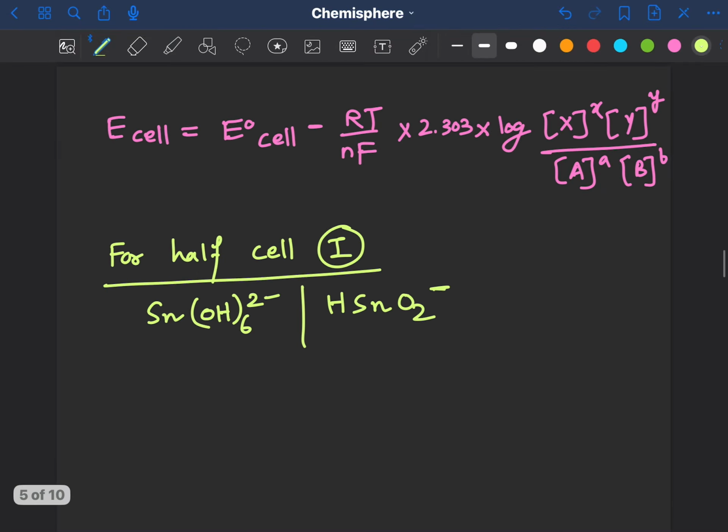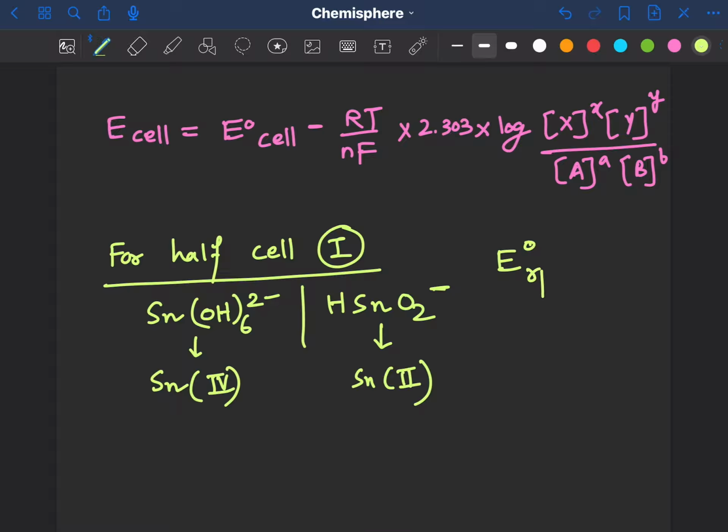Let us check whether it is a reduction half cell or an oxidation half cell. In this, the oxidation state of tin is 4. In this, the oxidation state of tin is 2. So clearly this is reduction potential. So E naught of this half cell is given to us. So this is E naught of RP, that is reduction potential of 1, which is given to us as minus 0.9 volt.